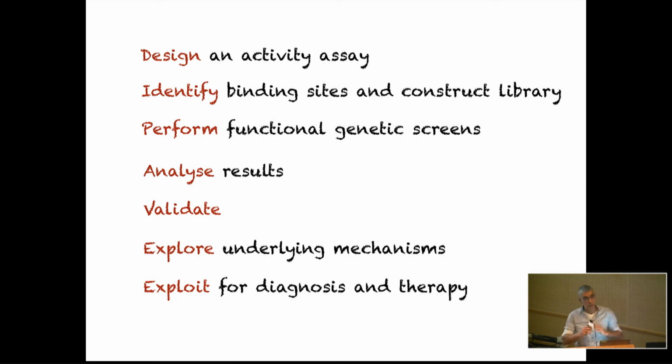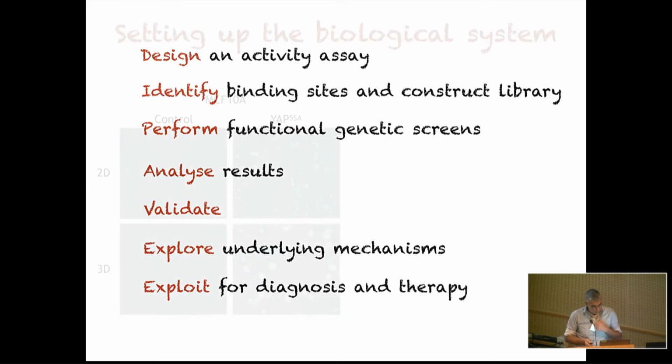This depends, of course, on the motif itself, as the CRISPR is restricted by the PAM, and GC-rich motifs are more easily targetable than the others. Okay, we then perform the screen, the functional screen, analyze the results, validate them, explore the underlying mechanisms, and exploit maybe, if possible, also for diagnosis and therapy.